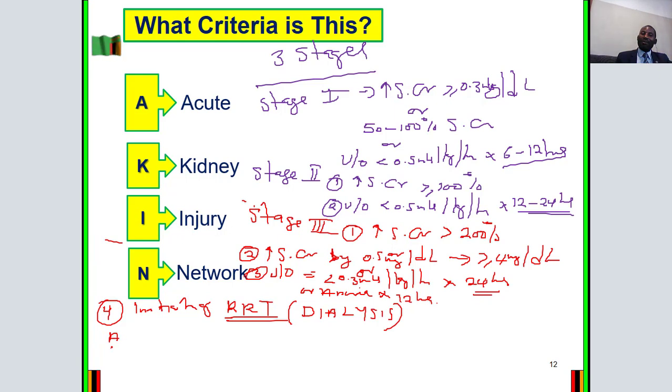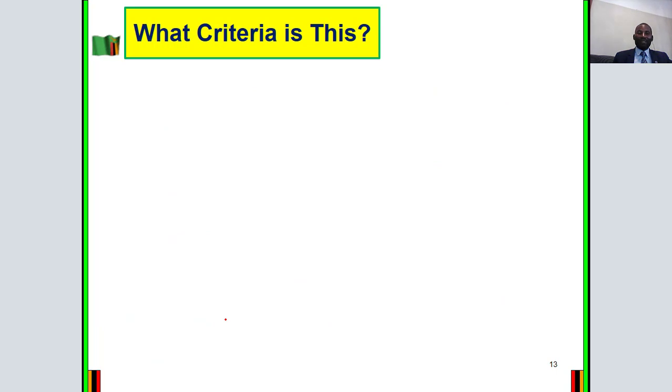A E I O U, A E I O U. So you remember acidosis, electrolyte imbalance, fluid overload, uremia. There you go. And intoxication. So A E I O U. Always remember, sing that song because they'll ask you the indications of dialysis. Right. Let's proceed to the next one.